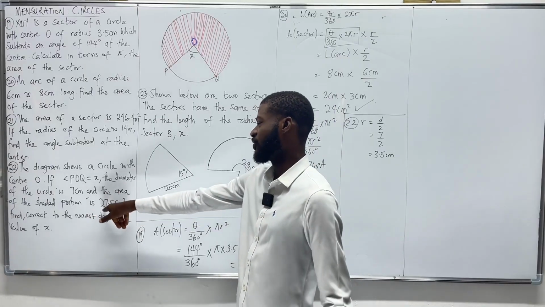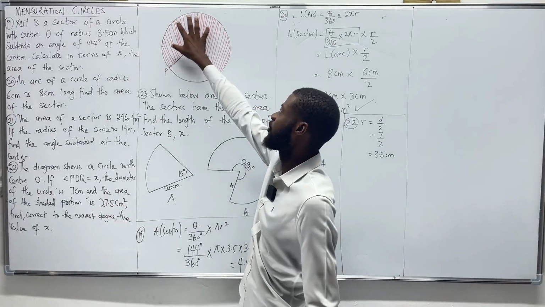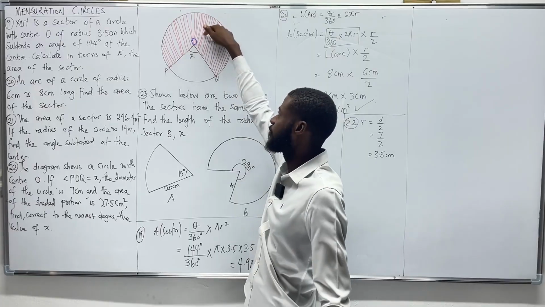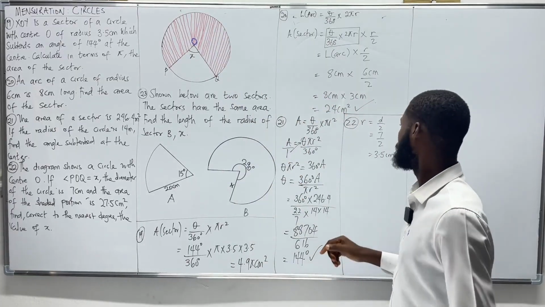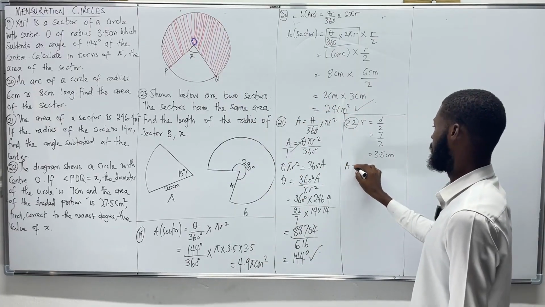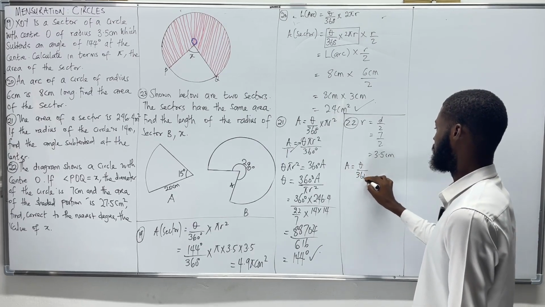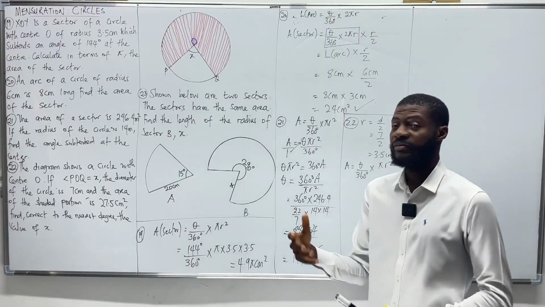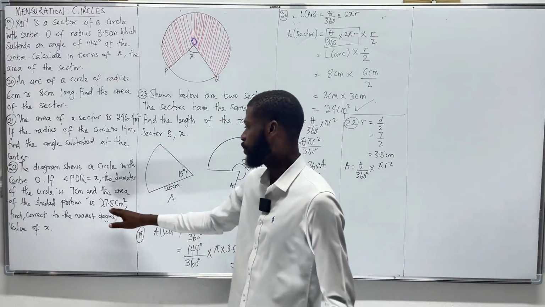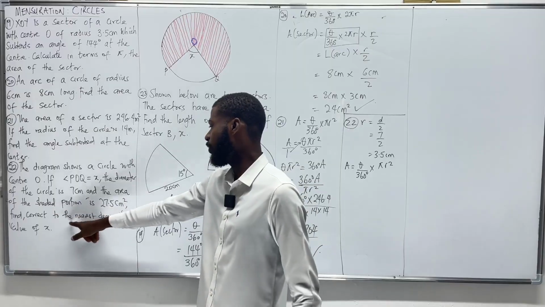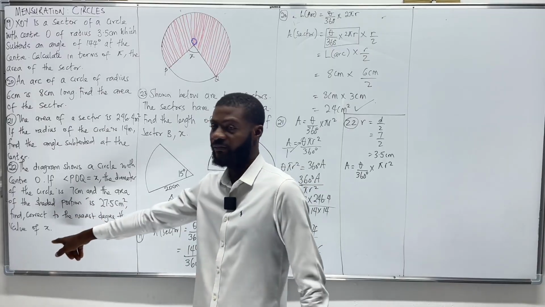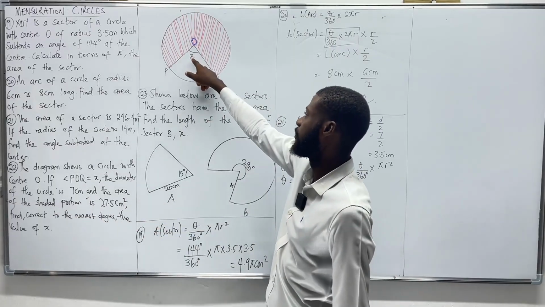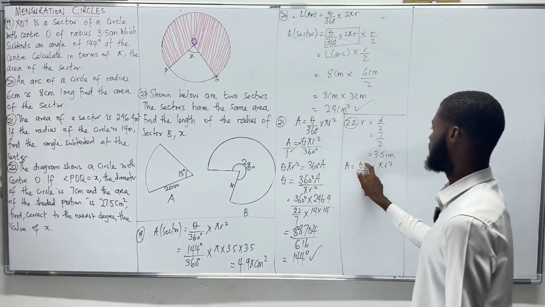The area of the shaded portion is 27.5. So this shaded portion is a sector. I hope you know this is a sector. So the area of a sector is theta over 360 degrees times pi r squared. That's the formula for area of a sector. So the area is given to us. It says, find correct to the nearest degree the value of x. And x is an angle. So let's find theta.